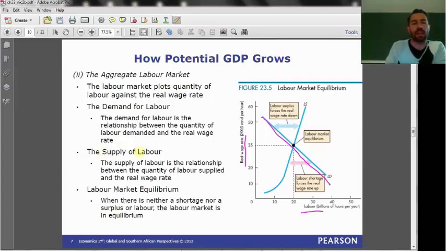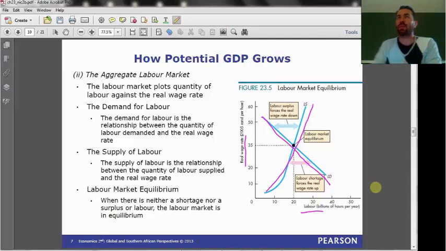We also have the supply of labor. We have an upward sloping labor supply curve. The supply of labor is the relationship between the quantity of labor supplied and the real wage rate. It's a positive relationship, which means as the wage rate increases, the quantity of labor supplied increases.